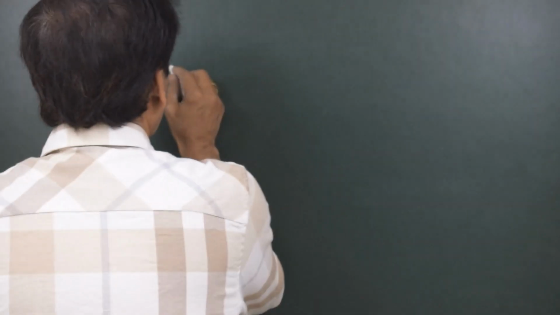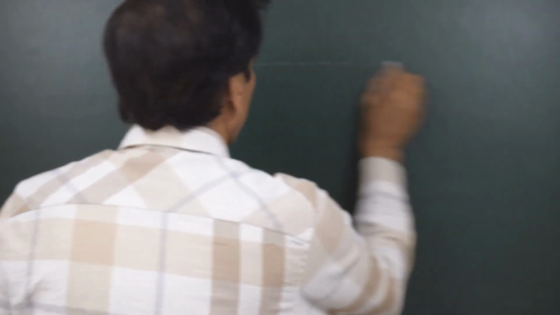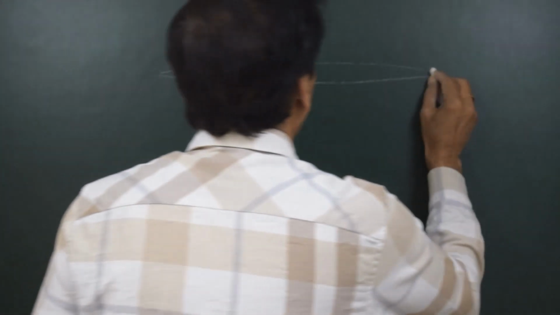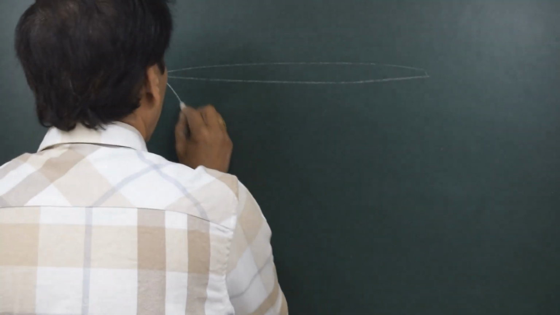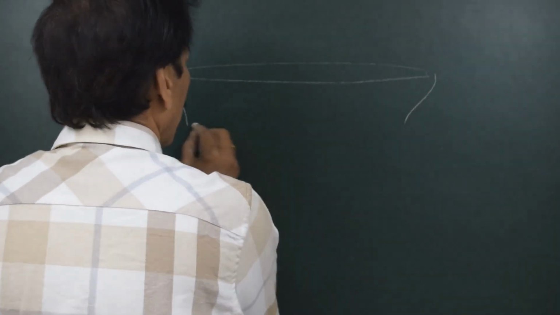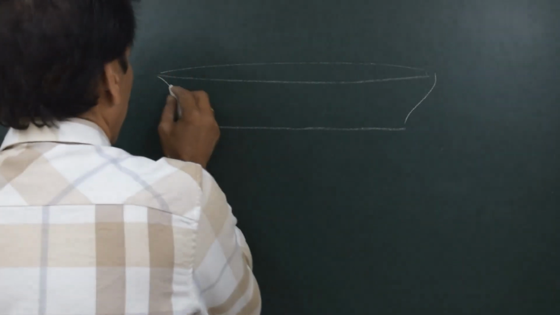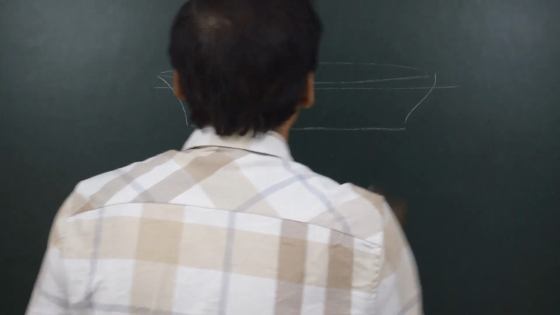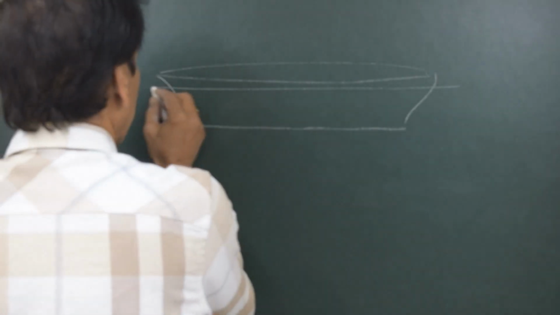So one method is, suppose here is a ship. Let's take a simple one. Now we are talking about the water lines.